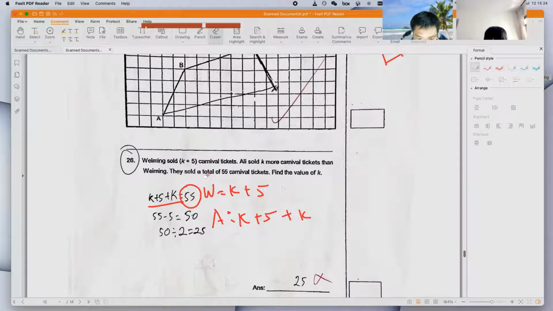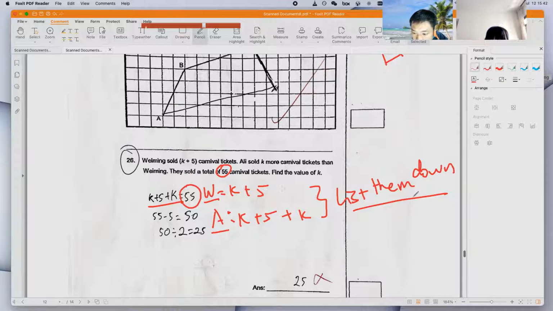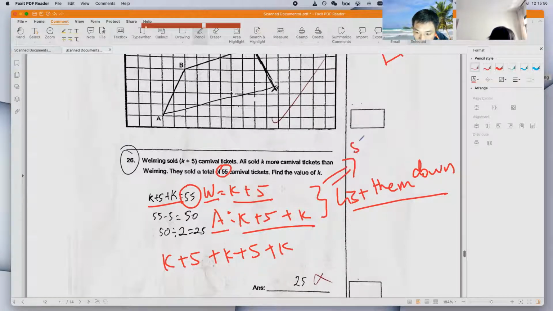Oh, okay. It says they saw a total. Total is 55, right? Total means Wei Ming and Ali. First thing first, you need to list them down. Once I list them down, I know the total is 55, and total means these two add together. I don't know why you skipped this step.